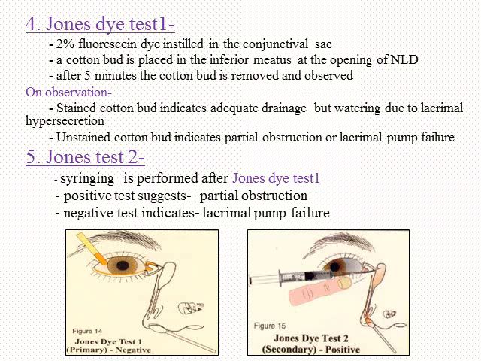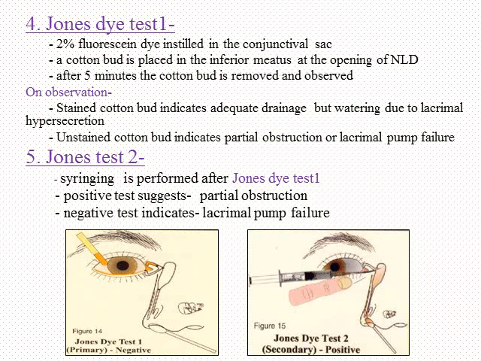Jones test 2. In this test, syringing is performed after Jones dye test 1, where the cotton bud of the inferior meatus is unstained. A positive test suggests partial obstruction, and a negative test suggests lacrimal pump failure.